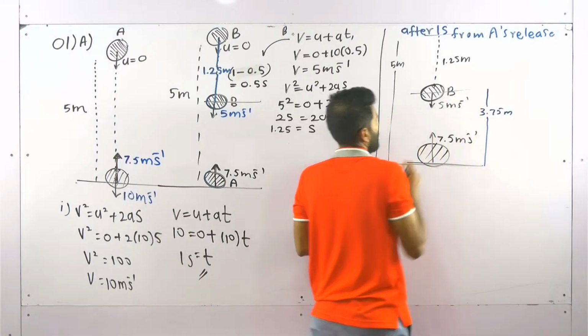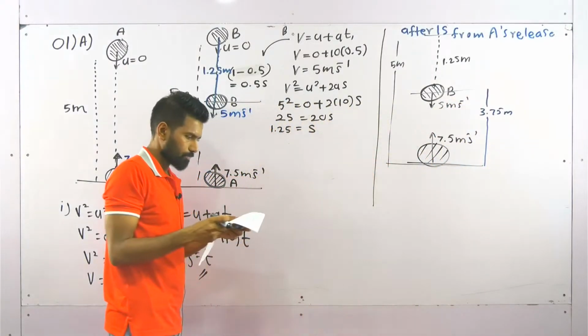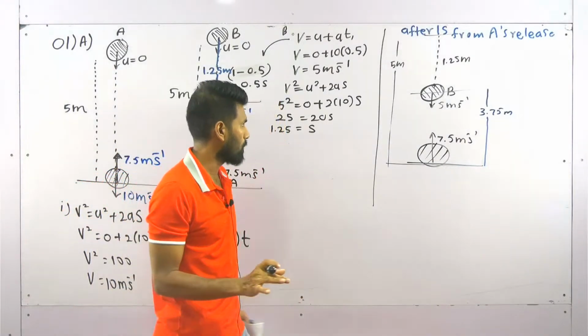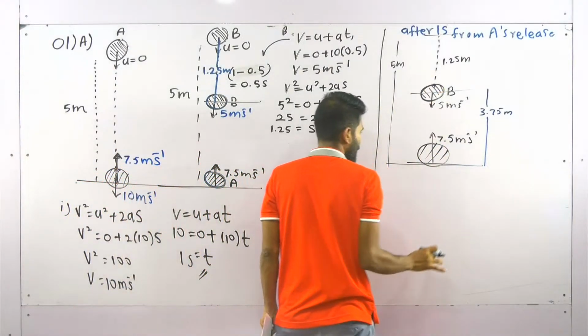Now let's see the distance traveled by A when it collides with B. Okay, from here I'm starting again.